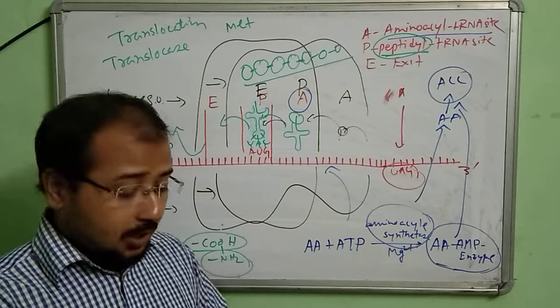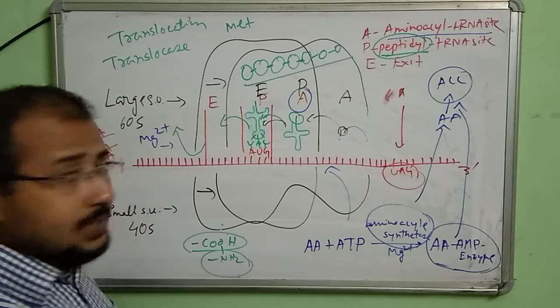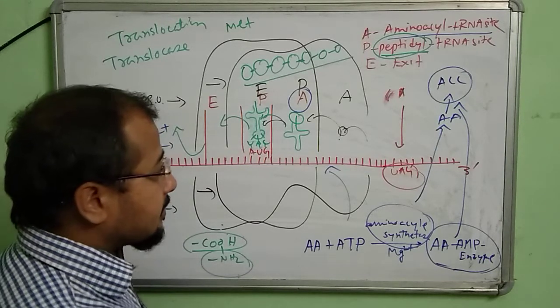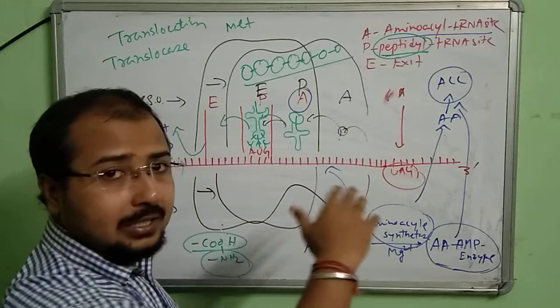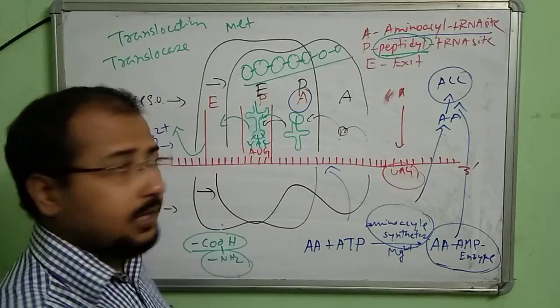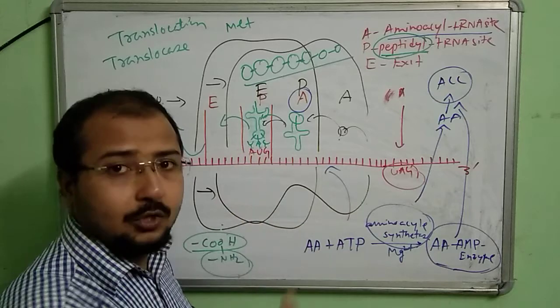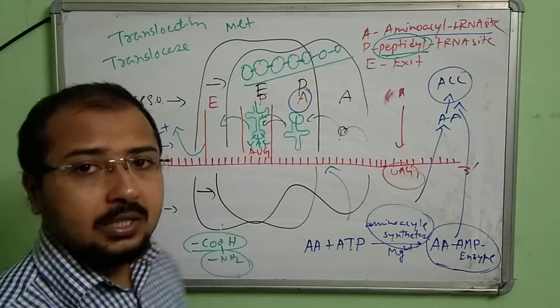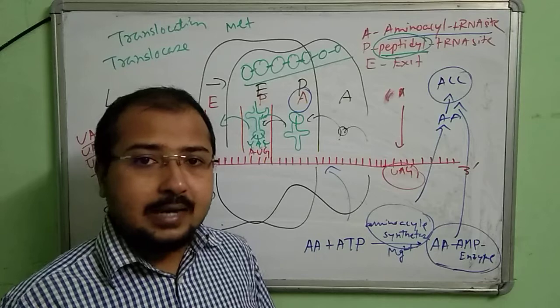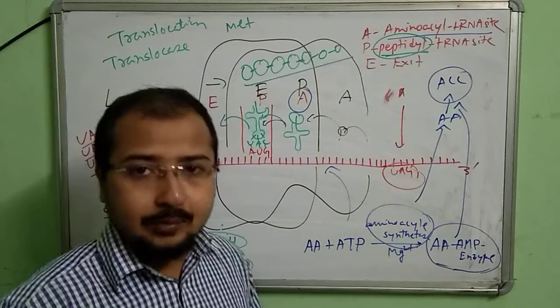Because why? As we said, as the A site reaches a codon, the P site also moves one codon ahead. According to the codon, the amino acids are brought inside the ribosome.